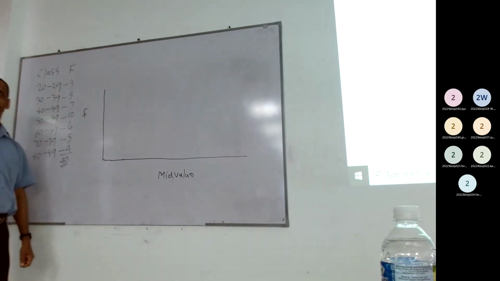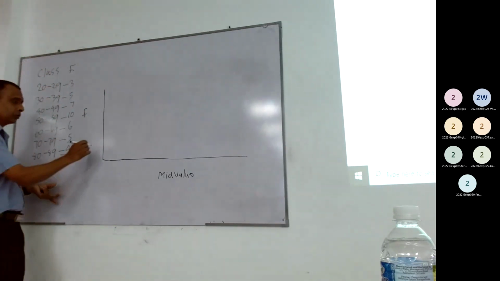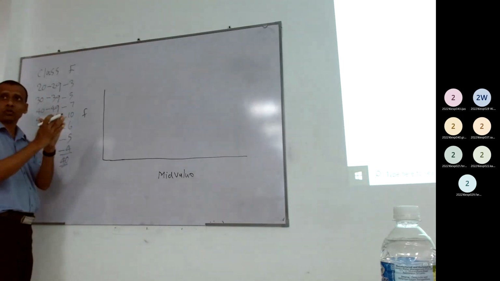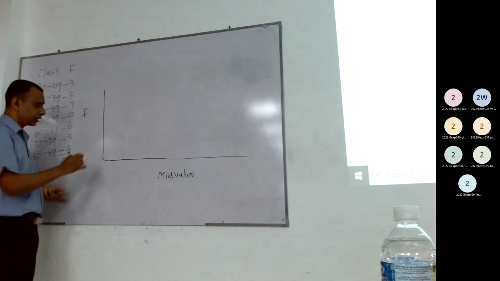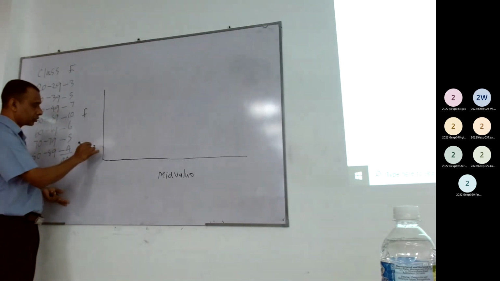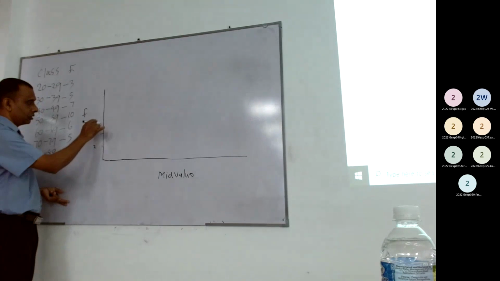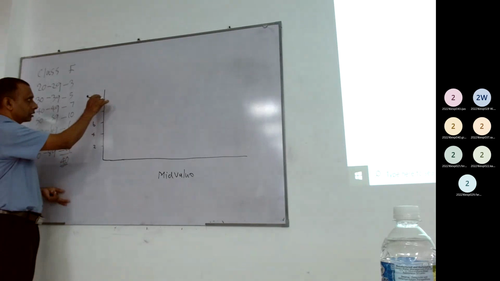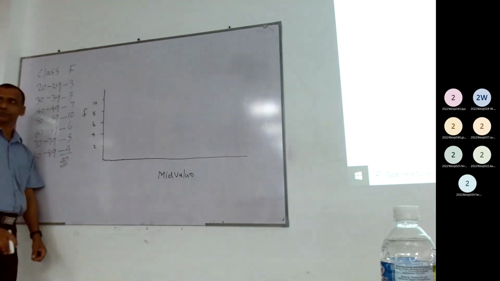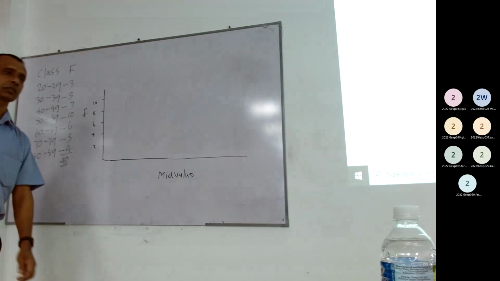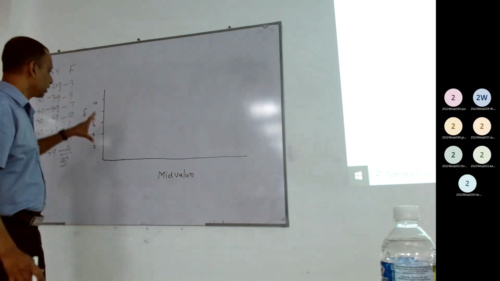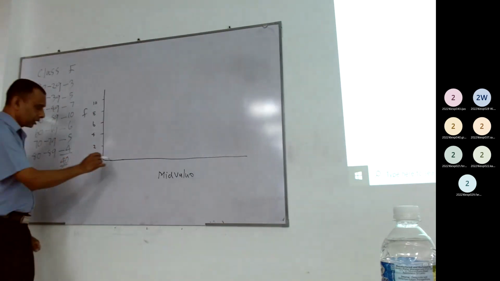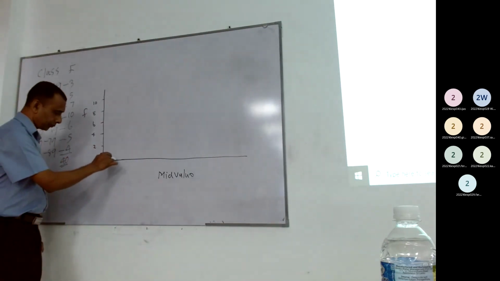Decide frequency. Maximum 10, you can decide the scale. No need to construct very large graphical presentation or very small. Moderate level construct. Right, I take 2, 4, 6, 8, 10. Take the scale, you can take better. Can use a ruler.